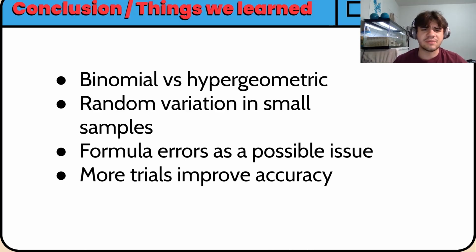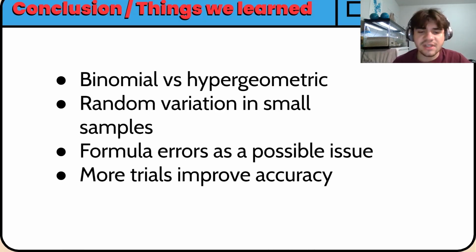I'm also going to talk about some common mistakes that could be made during this experiment. One probable mistake is that a small sample like 10 trials might mislead someone into thinking that's the finished product.